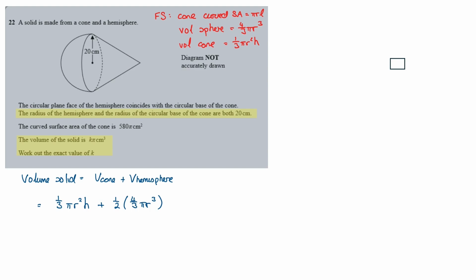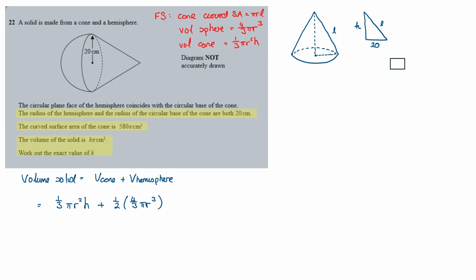Now, it's going to have to give me another piece of information. And the other piece of information it gives me is the curved surface area is 580 pi. Again, the reason pi is there is because it cancels and makes it easier. So I'm going to go to the idea that I know, and it may be on your formula sheet or you may need to remember it, I know the curved surface area of a cone is pi times r times L, which means that pi times r times L is going to be equal to 580 pi.